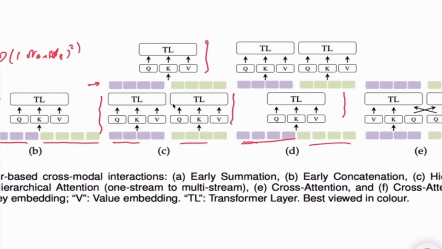For example, if you want to combine the modalities of infrared and visible, both are imaging modalities. One is visible, one is infrared or thermal. There are a lot of things which could be shared and which would be common because both of them are imaging modalities.